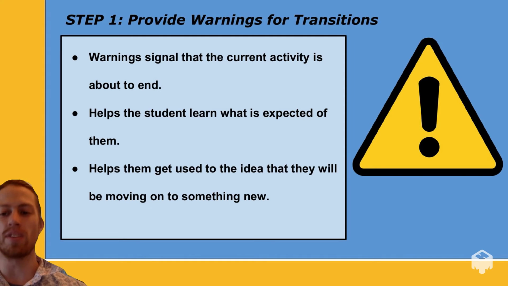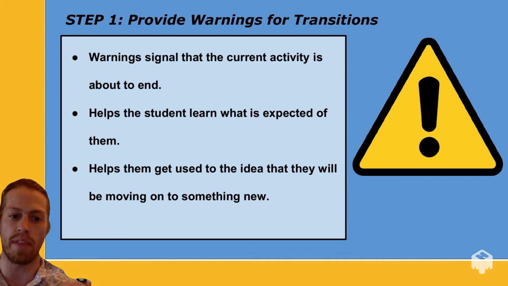And then it's also the first step for the student to learn what is going to be expected of them. So for example, by saying in 5 minutes we're going to clean up the toys, you can help reduce the child's anxiety about what he should be doing next and when he'll have to do it. And then third, these warnings help students get used to the idea that they're going to be moving on to something else.